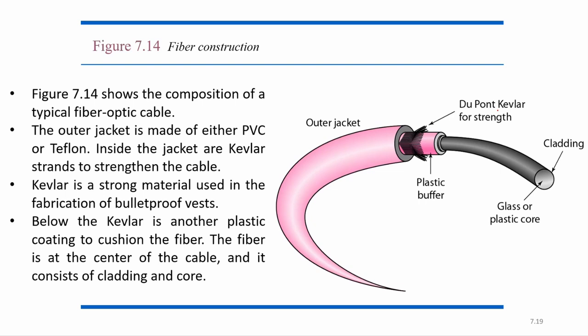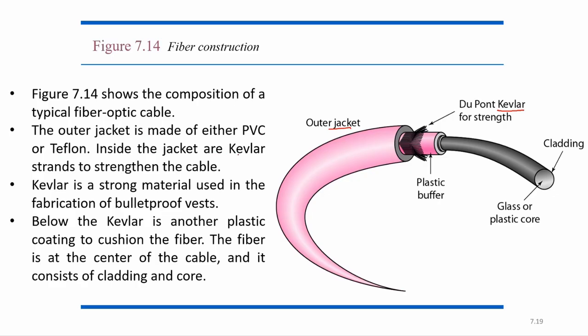Kevlar is a material that provides strength. It is used in bulletproof jackets, and it is used here to provide strength. And there will be an outer jacket, made of either PVC or Teflon.